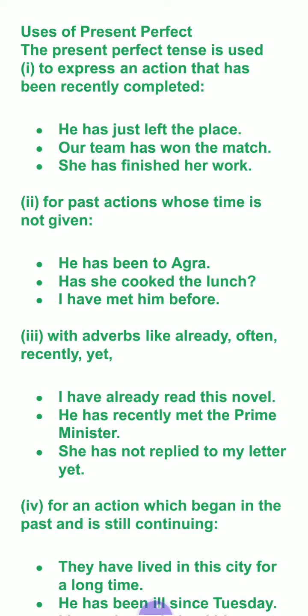See examples: he has just left the place, just now, recently happened. Our team has won the match recently. She has finished her homework recently. Okay, very short time has passed. So this tense is used in these cases.